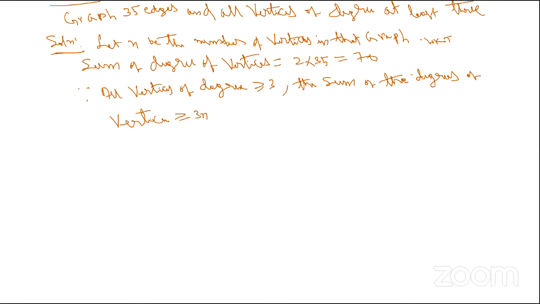Therefore 70 is greater than or equal to 3n. That implies n is less than or equal to 70 by 3, which is less than 24. So the given graph can have at most 23 vertices.